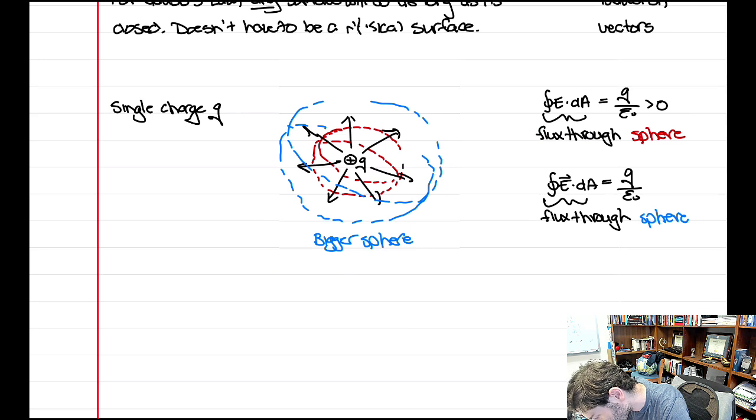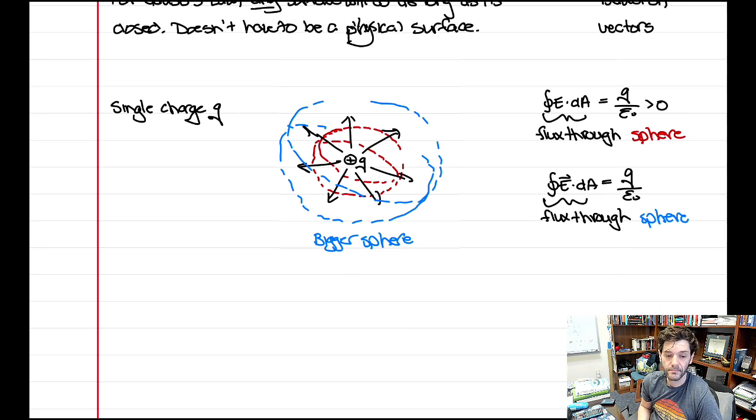So now let's imagine another sphere, but I'm not going to put the charge in the center of the sphere, I'm going to have it be offset. This is way too busy, I'm just going to redraw it.